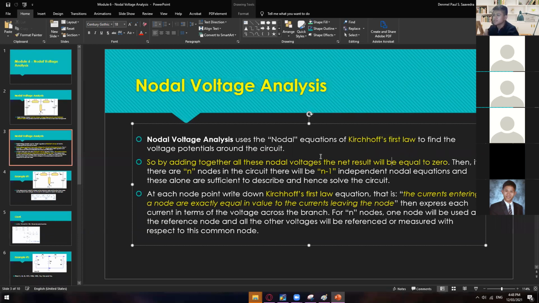This will be our basis in solving for N, our nodes. We have node 1, node 2, node 3, and so on, depending on how many nodes you have in that circuit.